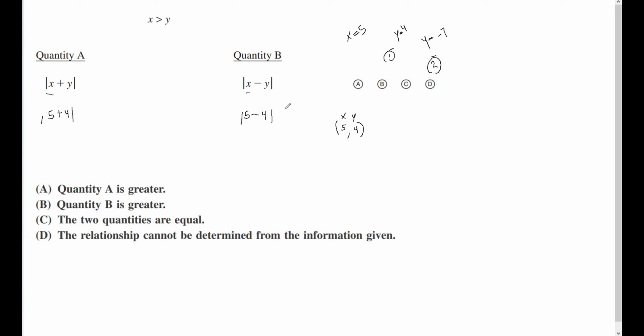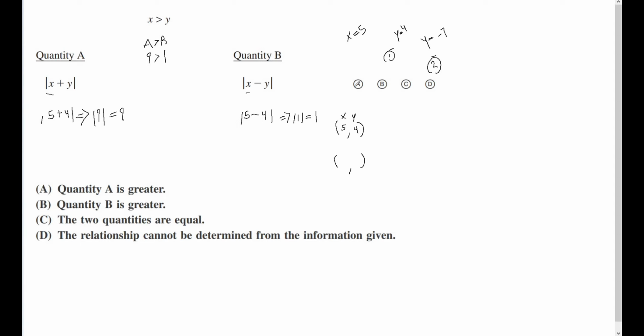What we end up getting is 5 minus 4 is 1, and the absolute value of 1 is equal to 1. And here we get the absolute value of 9, which is equal to 9. Now what you see here is that 9 is greater than 1, so A is greater than B.